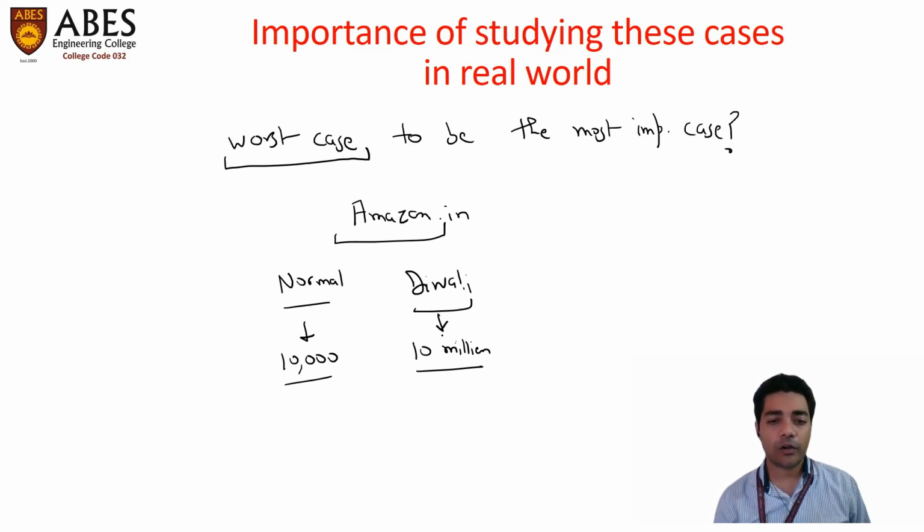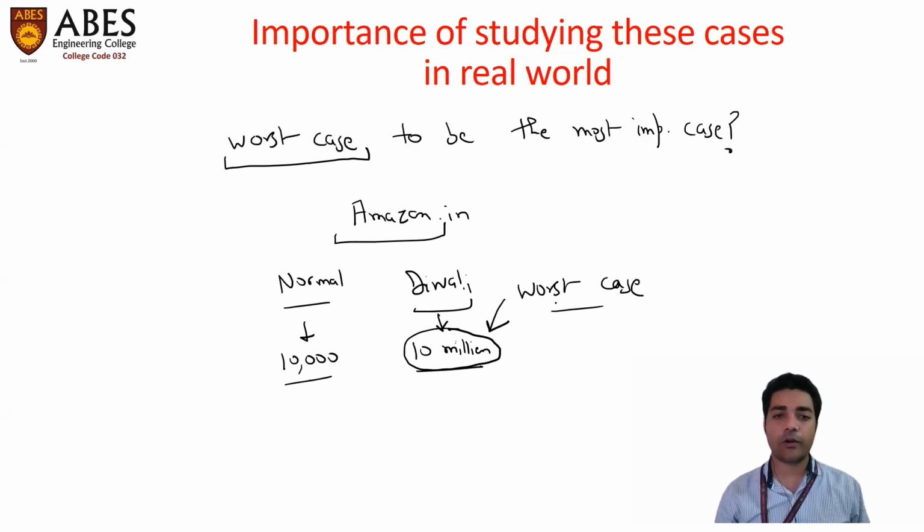So we need to find how many servers are needed to cater to these 10 million. This 10 million is considered to be the worst case scenario for which Amazon.in has to be prepared. It has to be prepared for that.